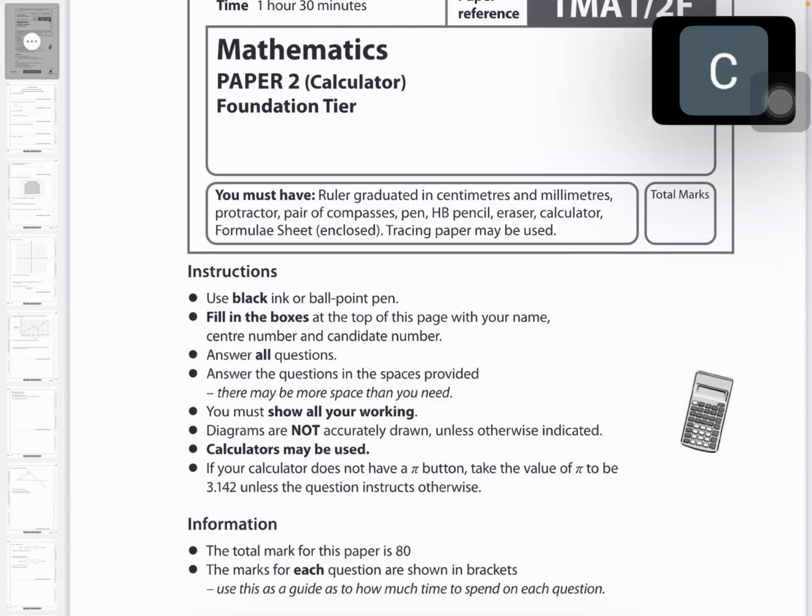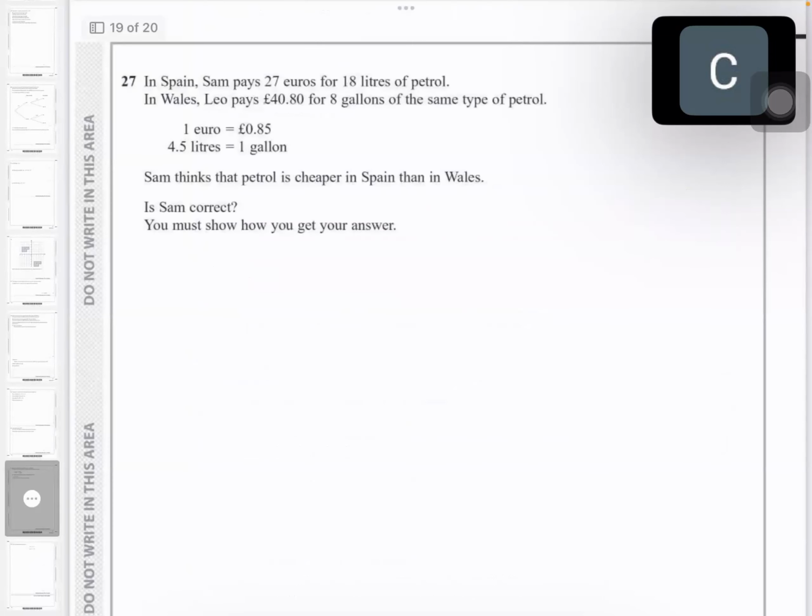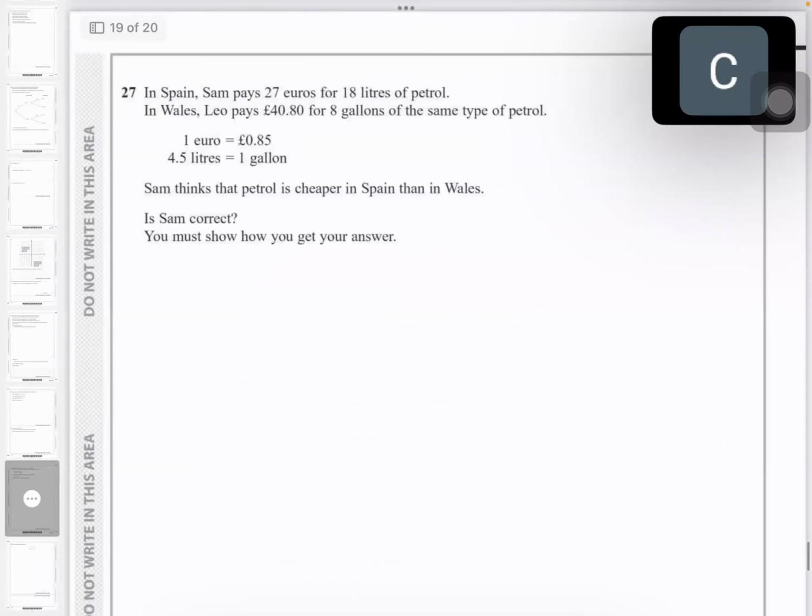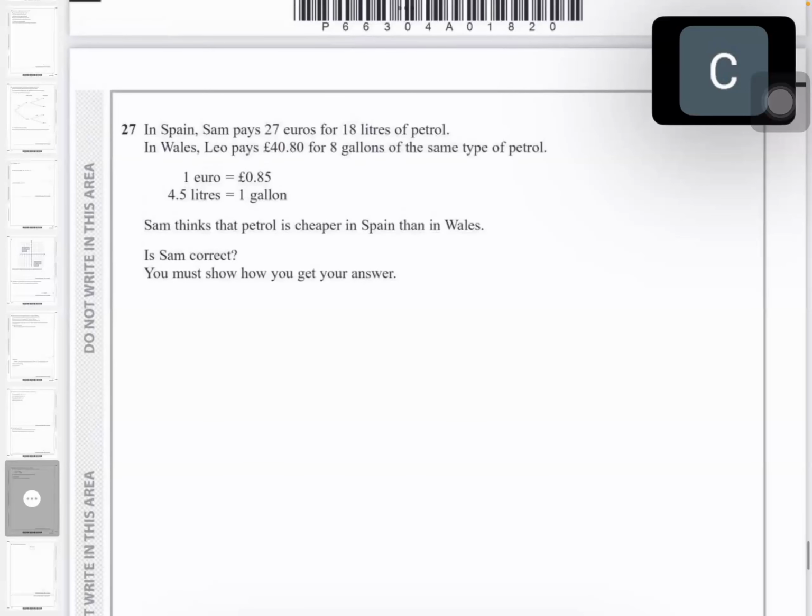Are you taking a look at the marking scheme? I was just saying, if you were writing down the answer, I thought you were writing down how to solve it, your steps.